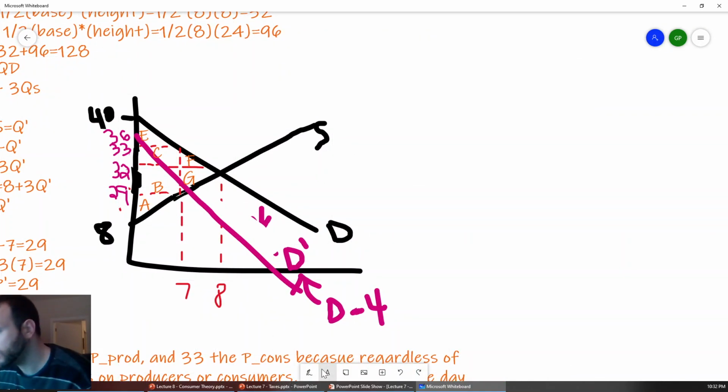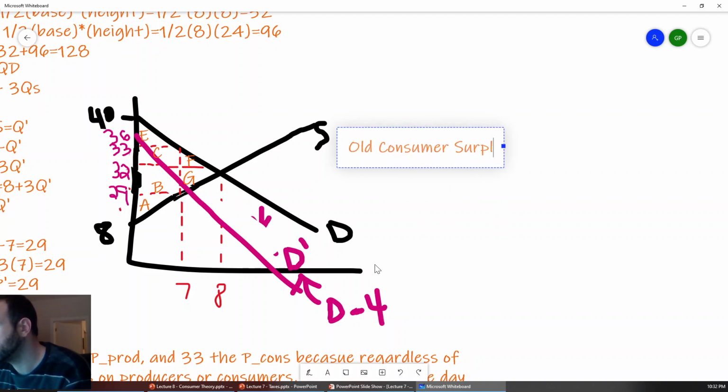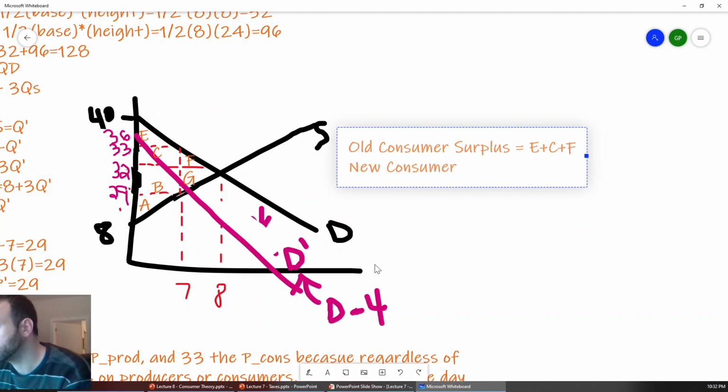All right, so from the last one, we said old consumer surplus equals E plus C plus F. New consumer surplus is what? Is it E, C, and F? No, because consumers are paying 33.